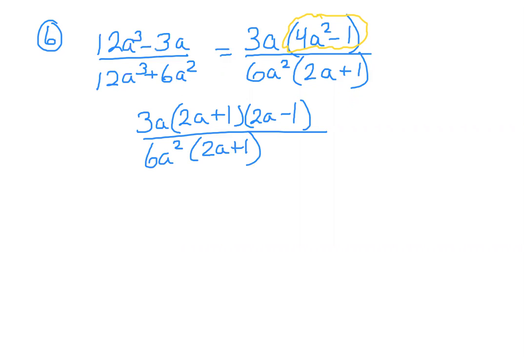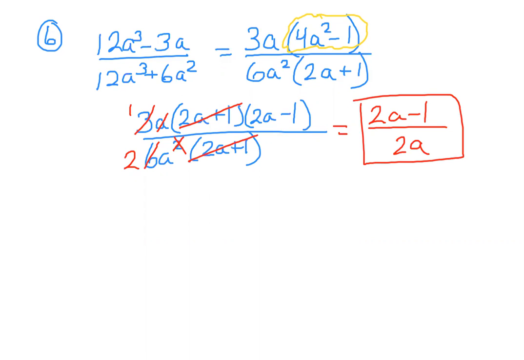So let's see what we can cancel. 3 goes into there once, 3 goes into there 2 times. Here's a to the 1, and a cancels with that, and we're left with 2a minus 1 in the numerator and 2a in the denominator. And that is going to be your answer.